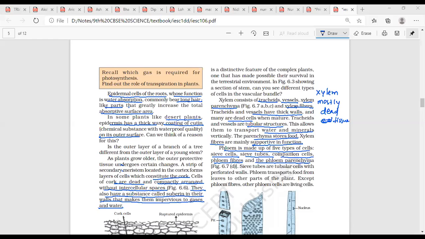Xylem helps in transportation of water and minerals, and phloem helps in transportation of products of photosynthesis, that is glucose, sucrose, etc. Xylem is mostly dead, phloem is mostly alive.